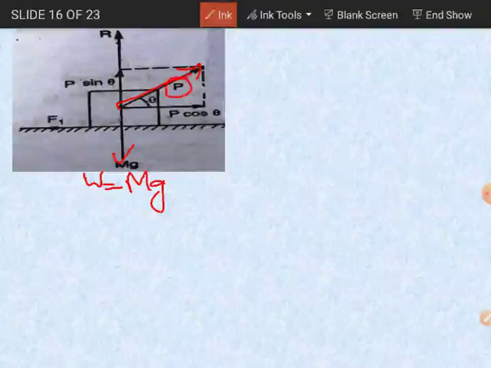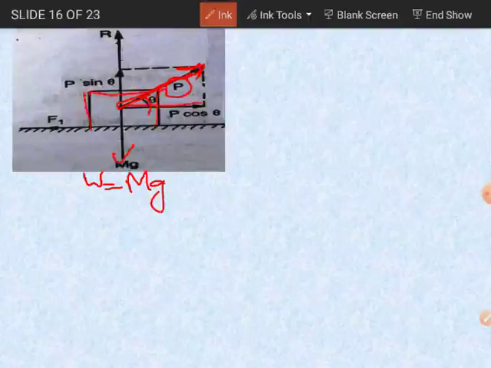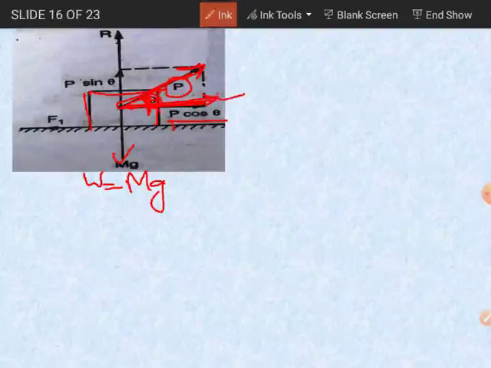And let this applied force be acting on the block of mass, making an angle theta. This angle of the applied force with the horizontal is theta here. Got it? So by resolving into two rectangular components, one along the horizontal, that is P cos theta, because this is the theta component and it will always be cosine theta, I told you. So P cos theta here, and another component will be P sine theta, perpendicular to it, that means in the direction of the normal reaction.